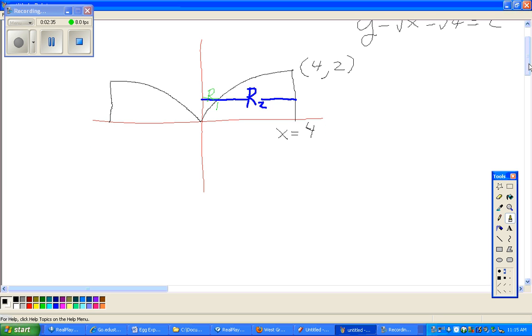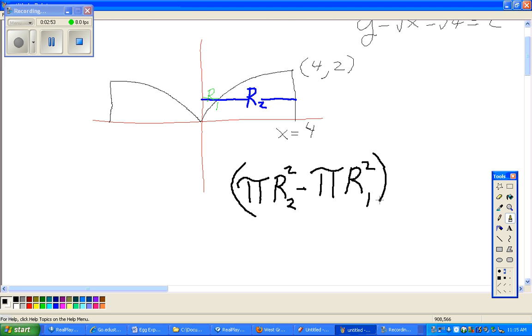So I think what I've got is a big circle subtracting a little circle. We're going around the y-axis, so that tells me that I want a dy in there.